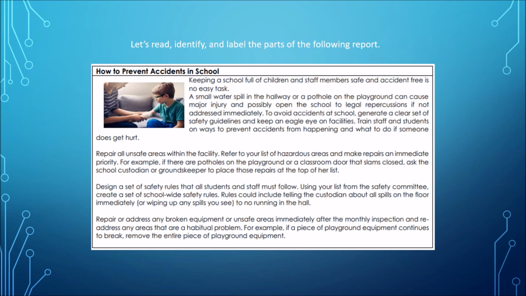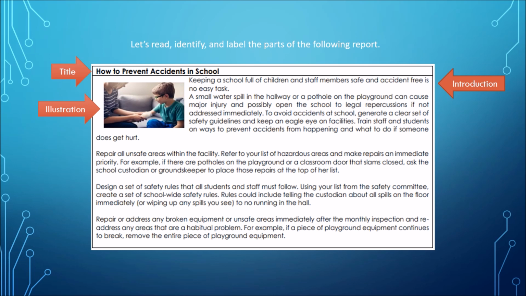Well, first up here we have the descriptive name. That is called the title. Then we have this image. The image is called illustration. Yes. Then the first part of the report we have up here is the part where it tells the reader what the report is about, called the introduction.